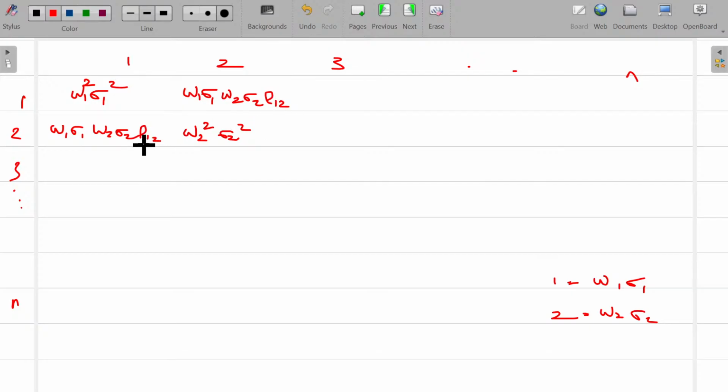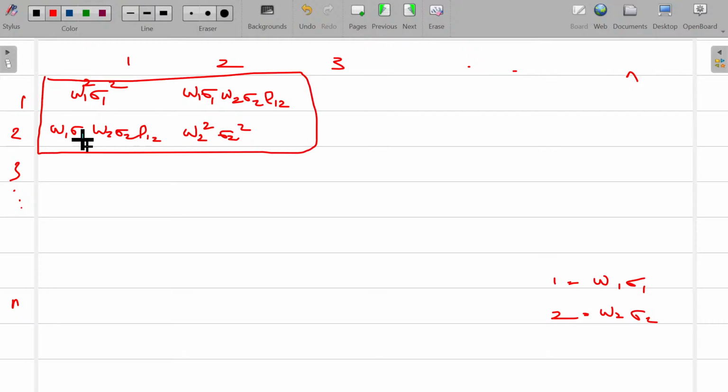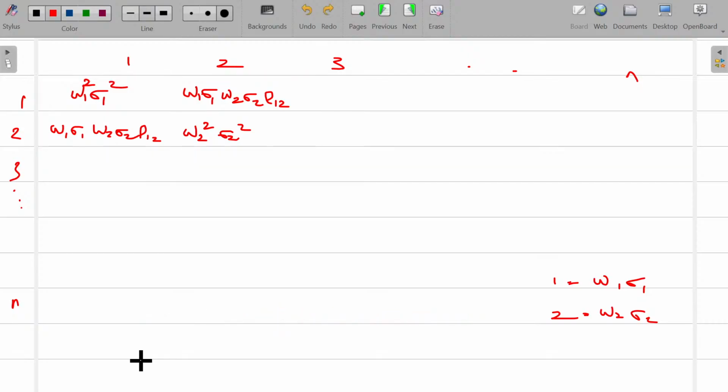For the 2 matrix, you take up these values and write: W1 square standard deviation 1 square, W2 square standard deviation 2 square, W1 standard deviation 1, W2 standard deviation 2, correlation 1 and 2, twice. That's why we use simply 2 here. This is how the formula is derived for understanding.